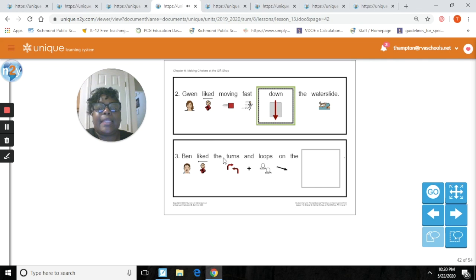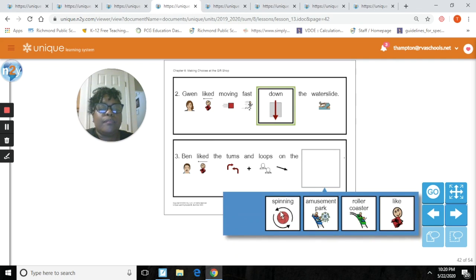Okay, so now Ben liked the turns and loops on the blank. Spinning, amusement park, roller coaster, like. Make a choice. If you look at my arrow, we're going to the part of the story that talks about who? Ben, and what he liked.